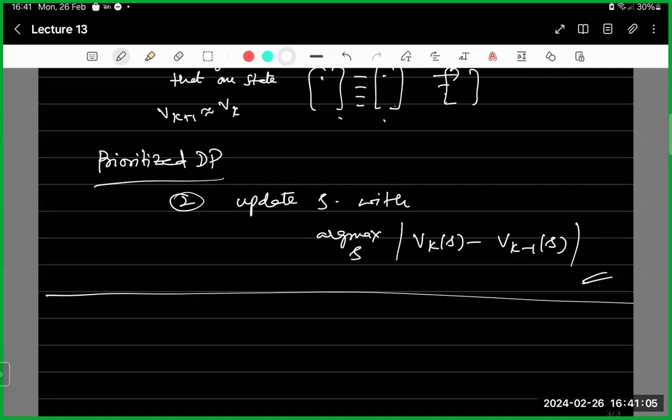Now, the main interest is when you do not know the dynamics of the MDP, how do we deal with it? Okay. So in practice, for a lot of useful applications, we do not know these dynamics.